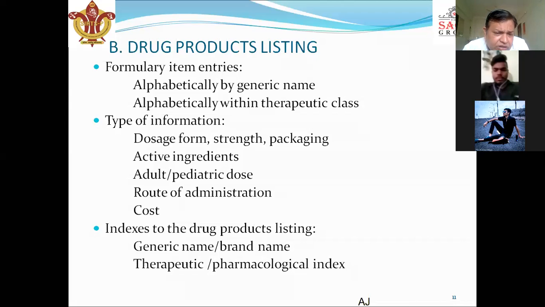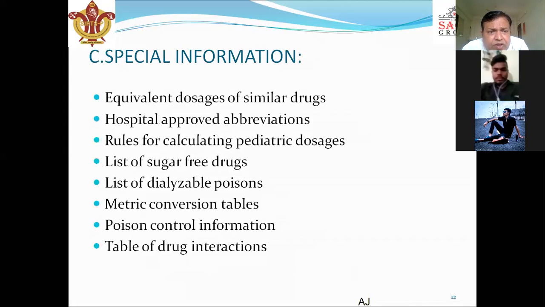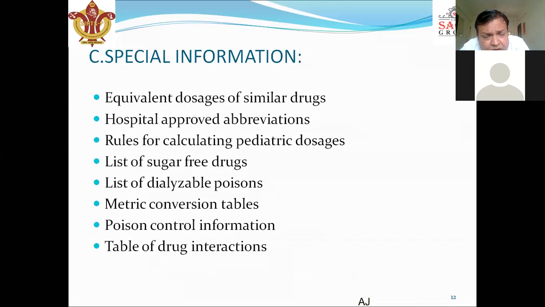Just like that, our list is also prepared by generic name or brand name, and based on therapeutic or pharmacological index. Now, special information regarding the formulary: equivalent dosage forms of similar drugs are included in the same place.